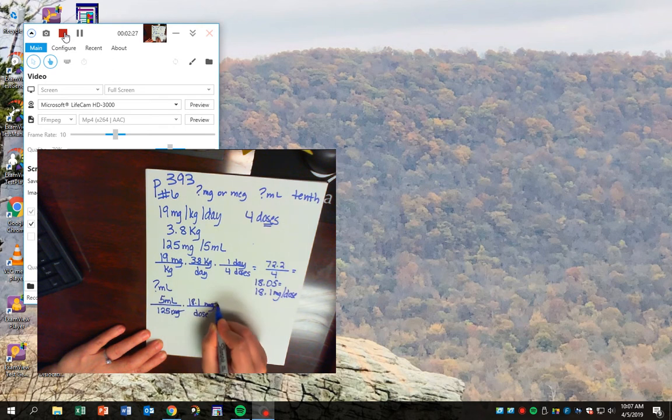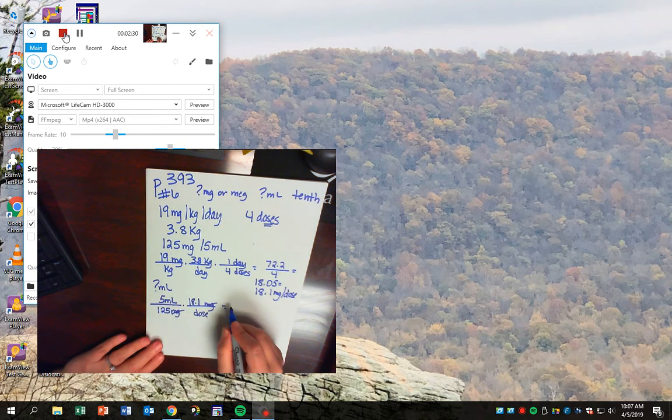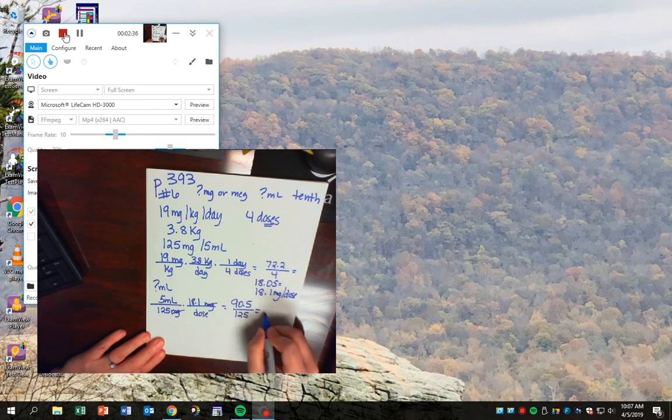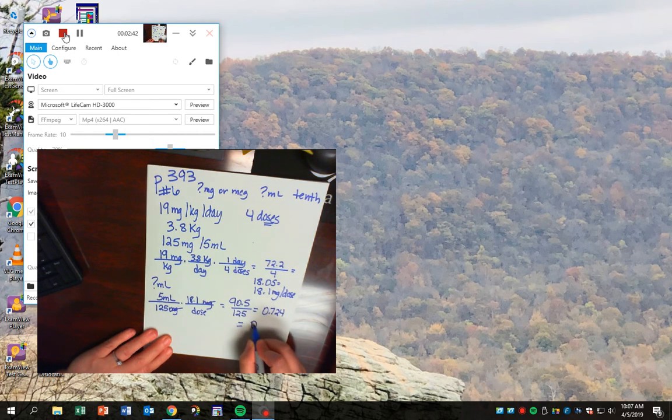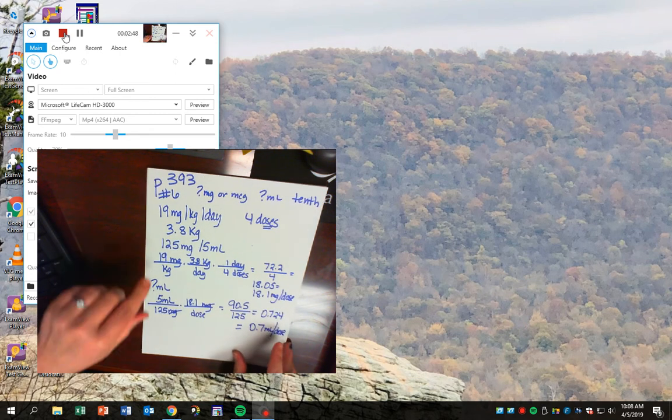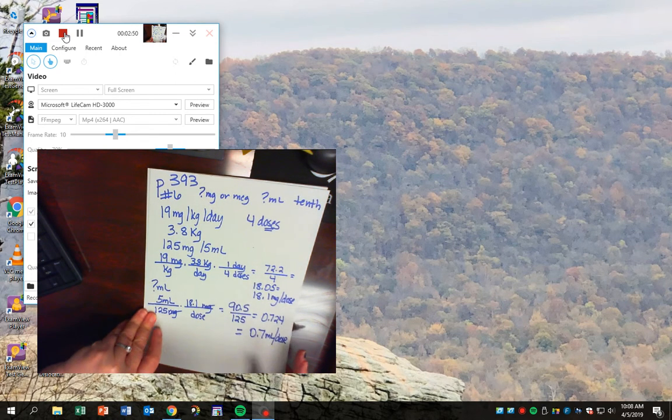Our milligrams cancel out. 5 times 18.1 gives us 90.5 over 125, and that gives us 0.724, and again rounding to the 10th gives us 0.7 milliliters per dose. So that's an example, page 393, number 6.